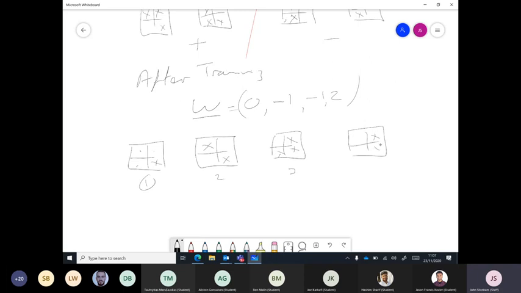It was that pattern. And it is relatively easy. It's a simple calculation now to classify these patterns.